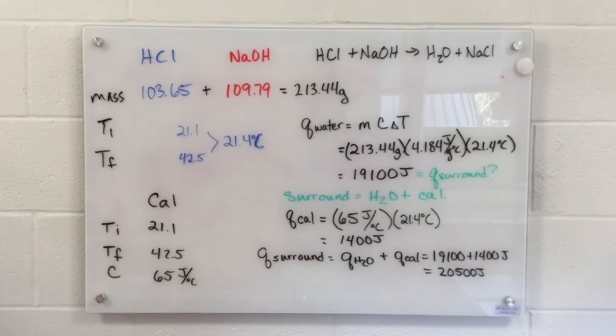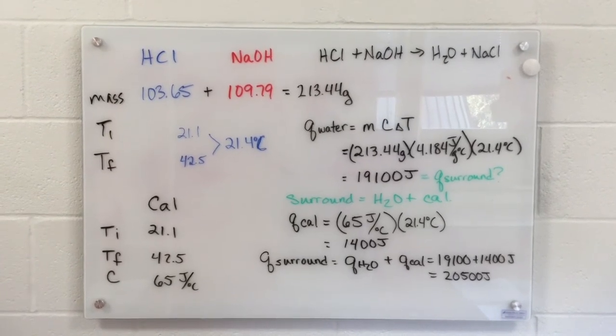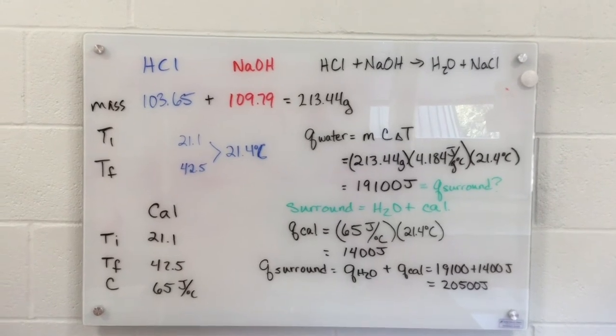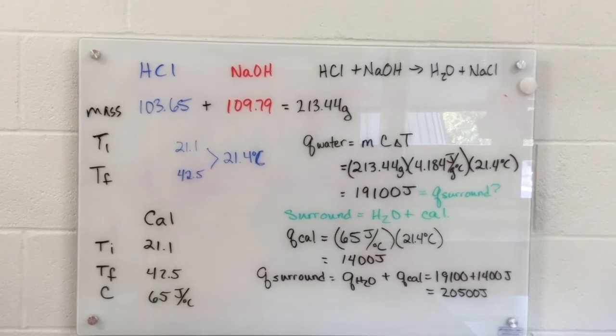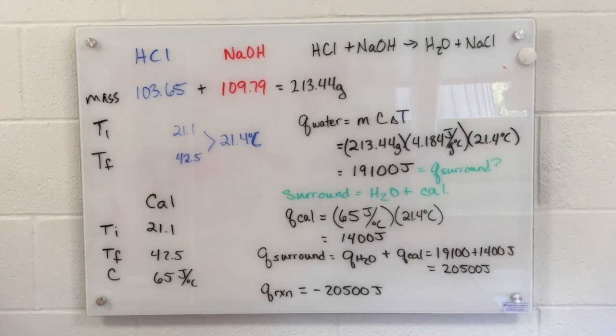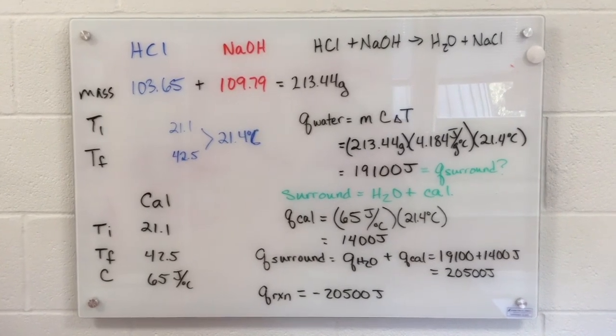Adding together the heat that was absorbed both by the water and the calorimeter, we have 20,500 joules. This is the surroundings. So the system or the reactants are opposite in sign, but same in magnitude. So the Q of the reaction is negative 20,500 joules.